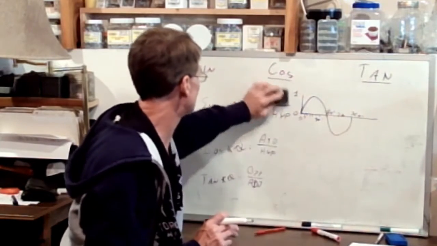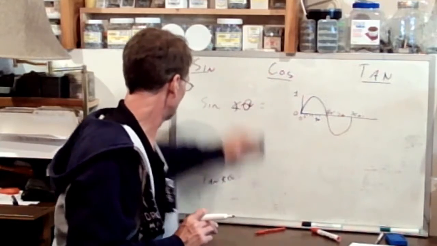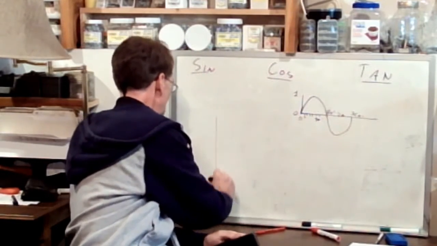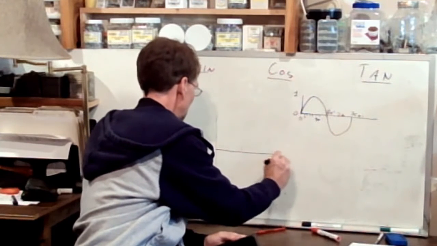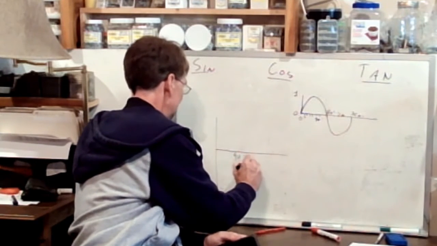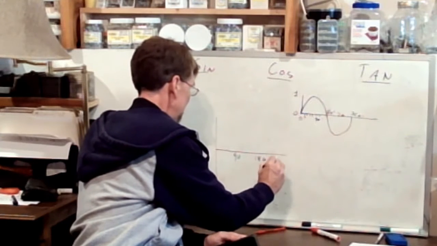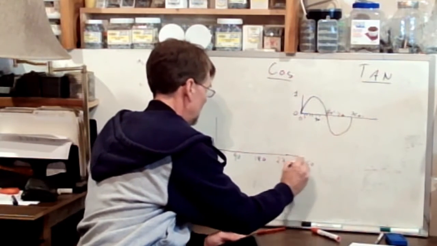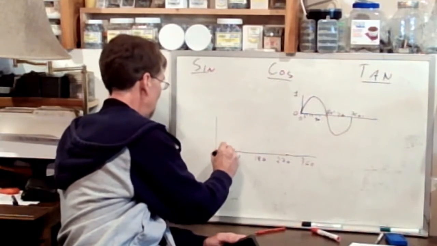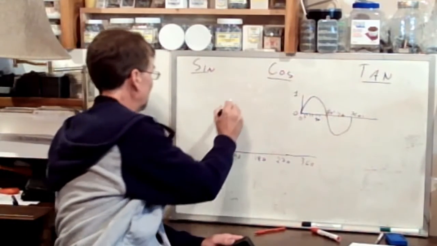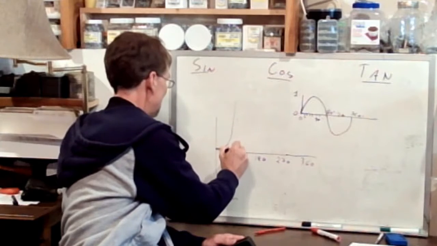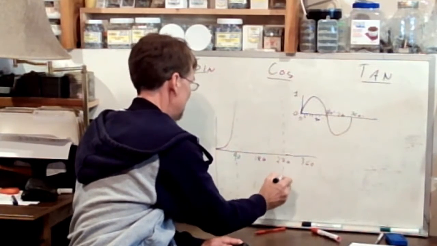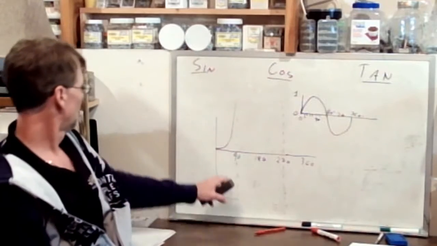I want to leave the sine wave for a minute so we can compare back to it for just a second. So we already saw 90 degrees, 180, 270, 360. We start at 0, we go infinitely large at 90 degrees. I'm going to draw another dotted line here at 270 so I can get this right.